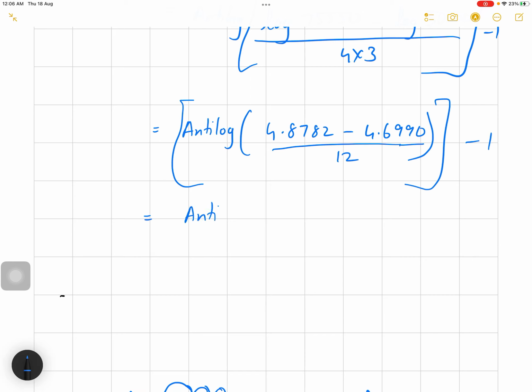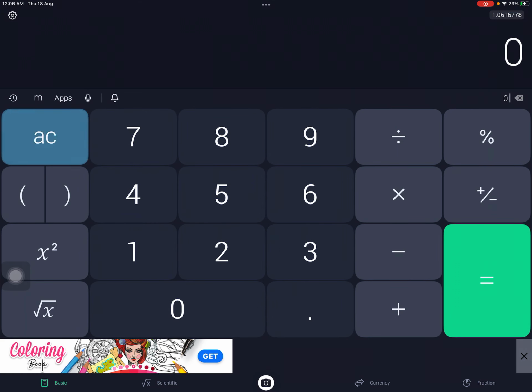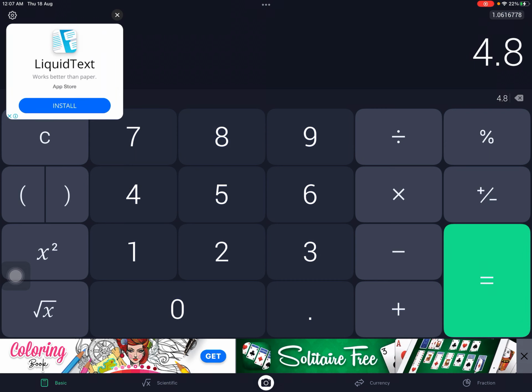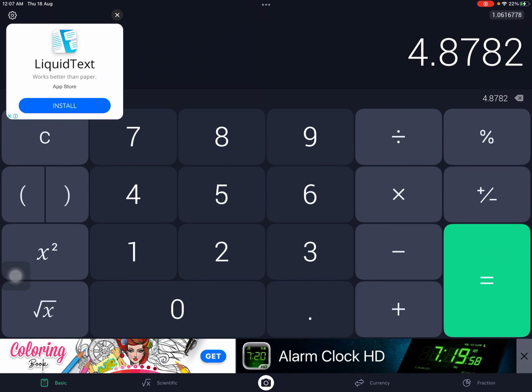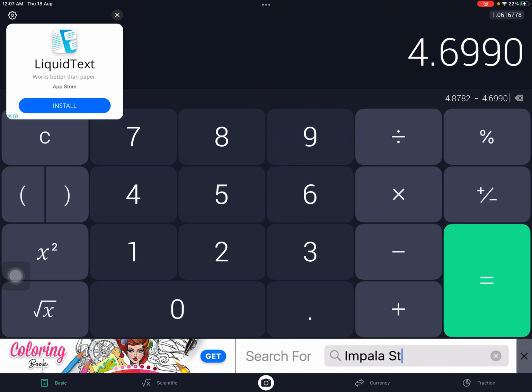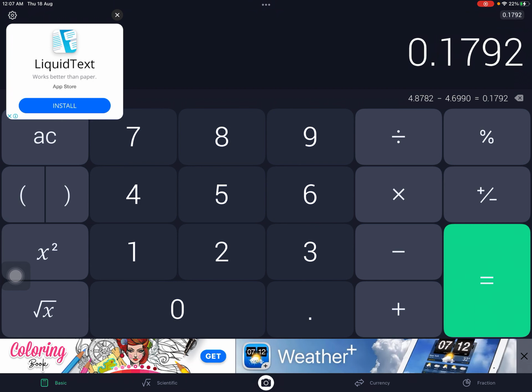Let's calculate 4.8782 minus 4.6990, which is equal to 0.1792.